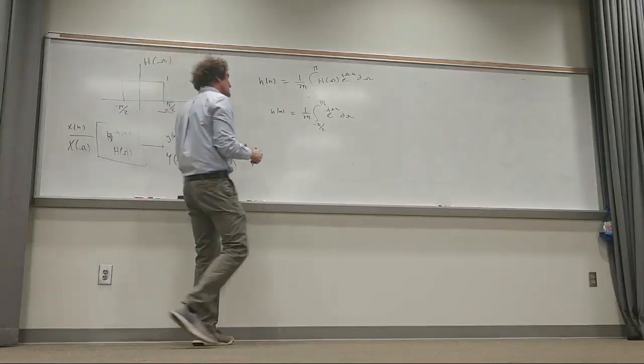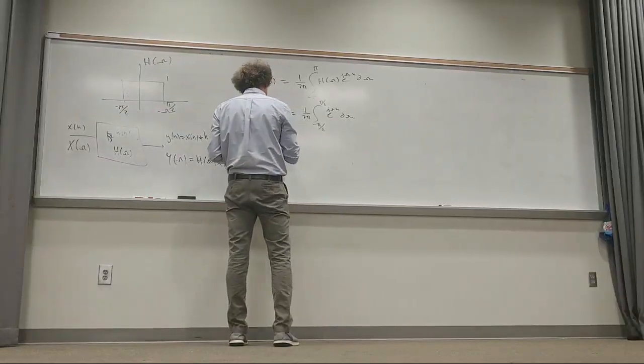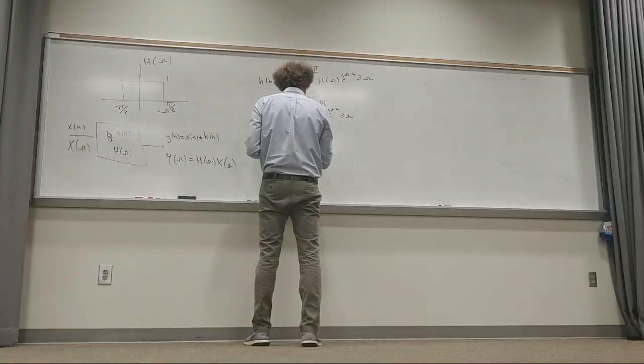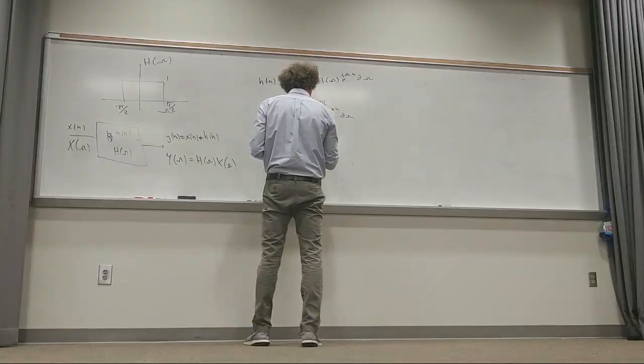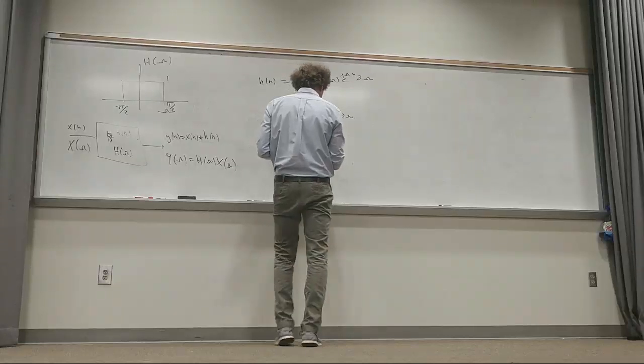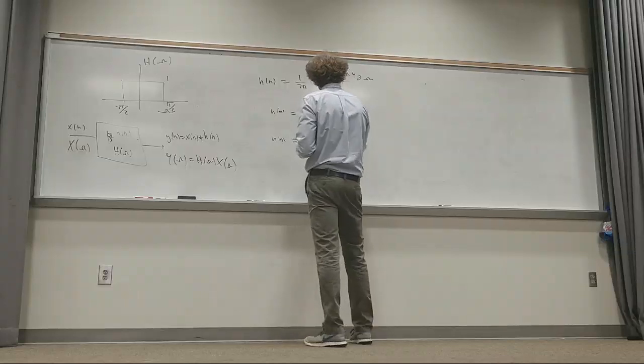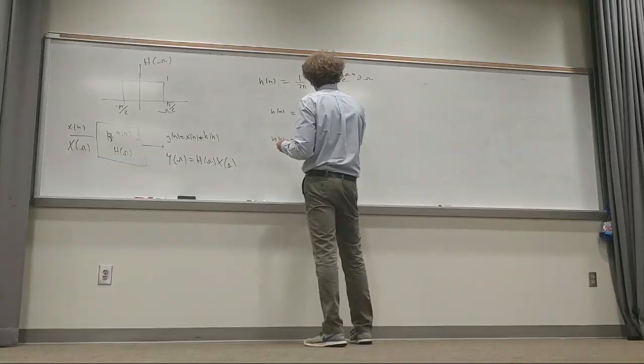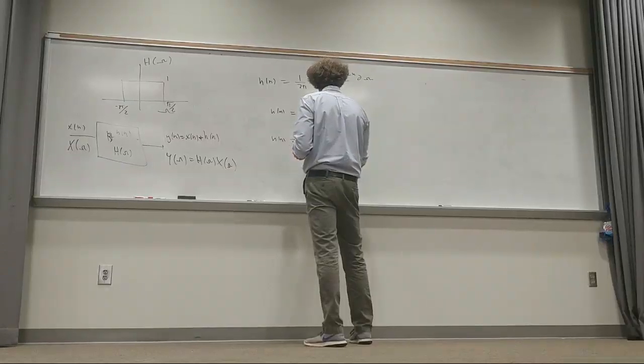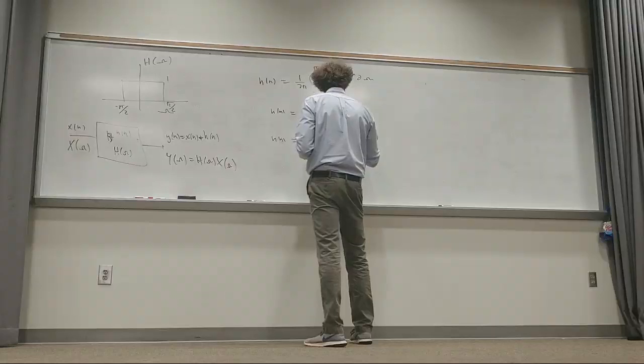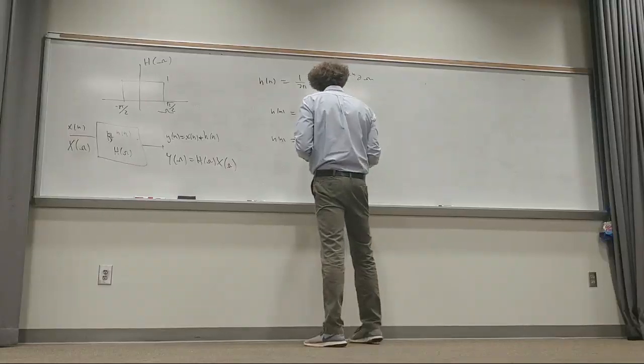And then what we can do is say that therefore h of n is 1 over 2 pi, and when I integrate this, I get 1 over jn, times e to the j pi over 2n minus e to the minus j pi over 2n.